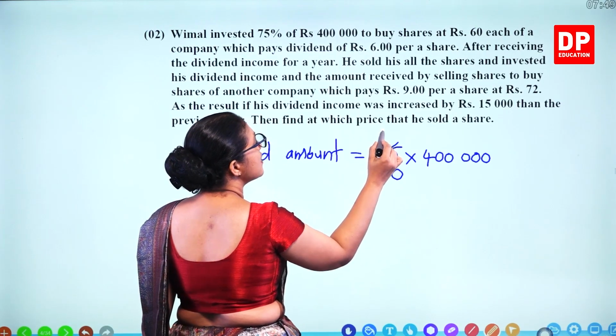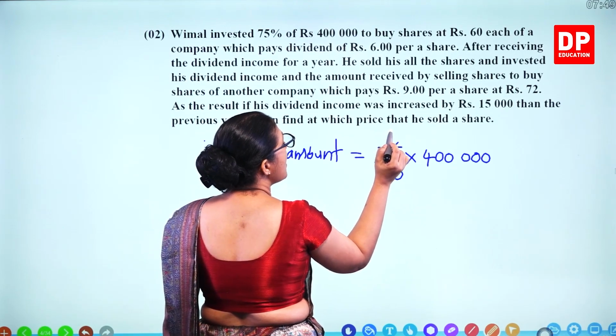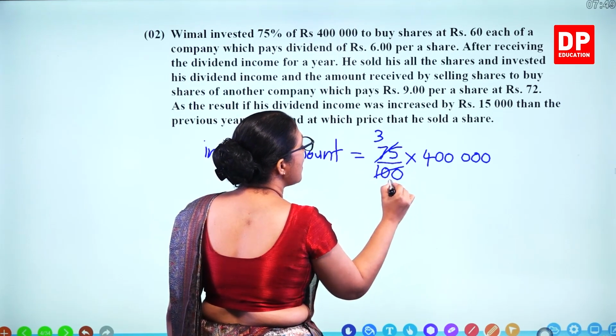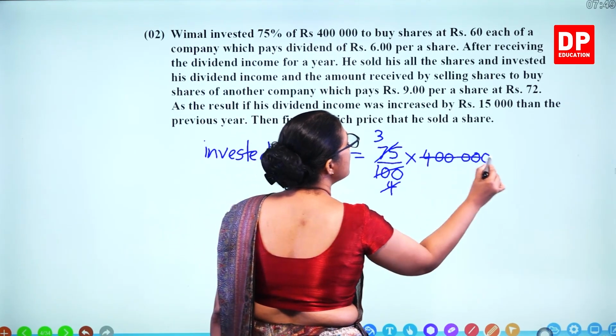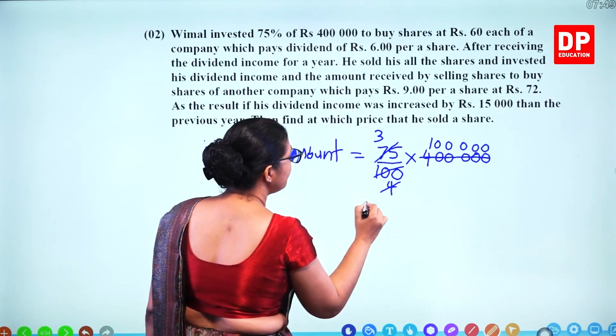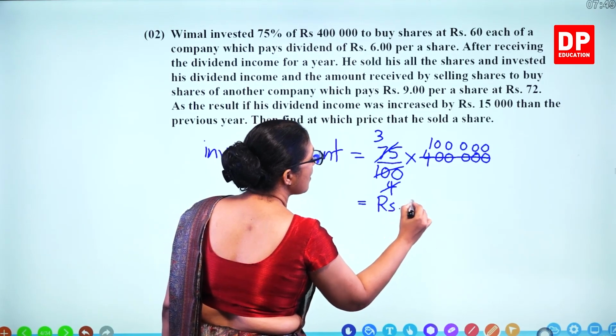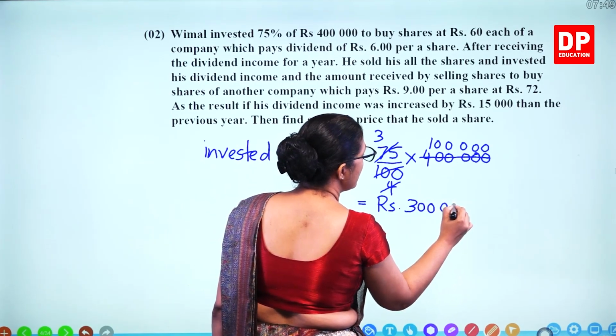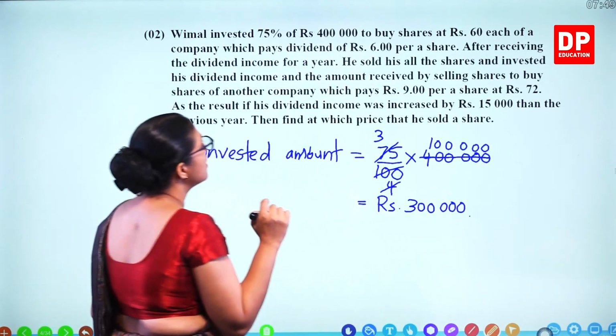So you get 25 times 3, 25 times 4, 4 with this 100,000 multiplied by 3, 300,000 rupees. That's the invested amount.